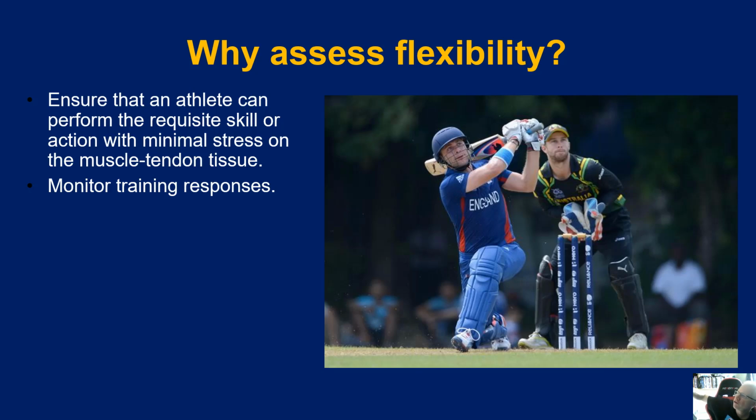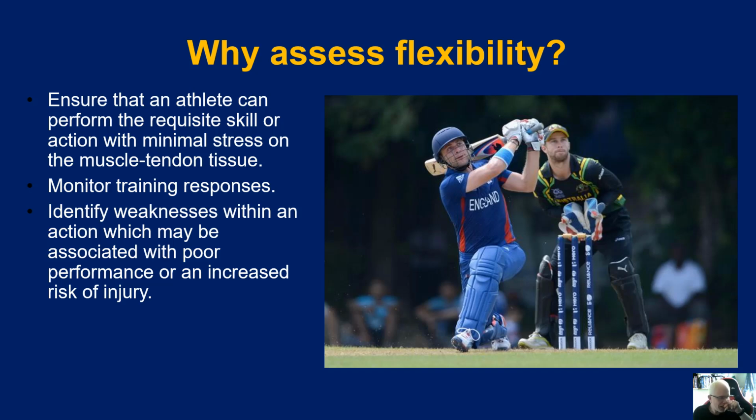A good marathon runner could be reasonably economical, but if they've got poor range of motion, say in the hip flexors, that's going to mean they use a greater oxygen cost. That means they're more likely to fatigue. So we need to be able to assess this. It's part of any athlete's makeup. I've used endurance as an example, but it could be almost any sport; fundamentally, range of motion plays a part.